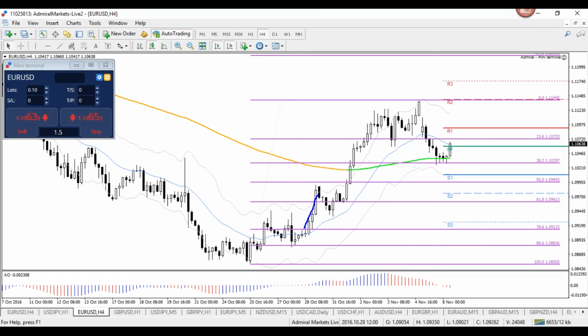So here you see bullish candles. That's all confirmation of upside. Then we see a bit of retracement. And then again bullish candles here, and then again a bullish candle. Those are all confirmations of upside continuation.